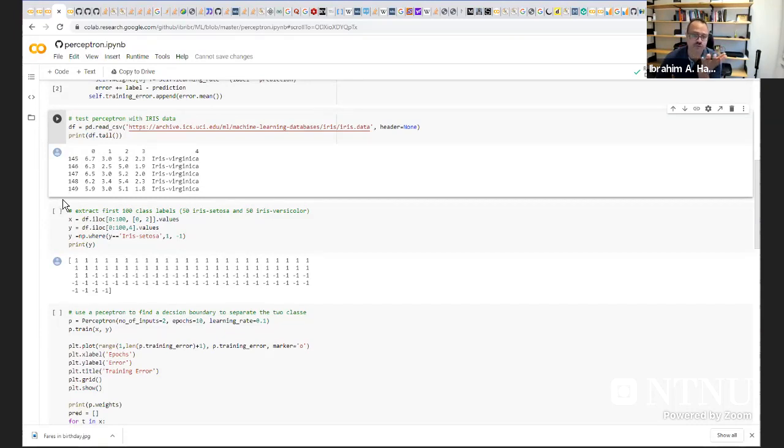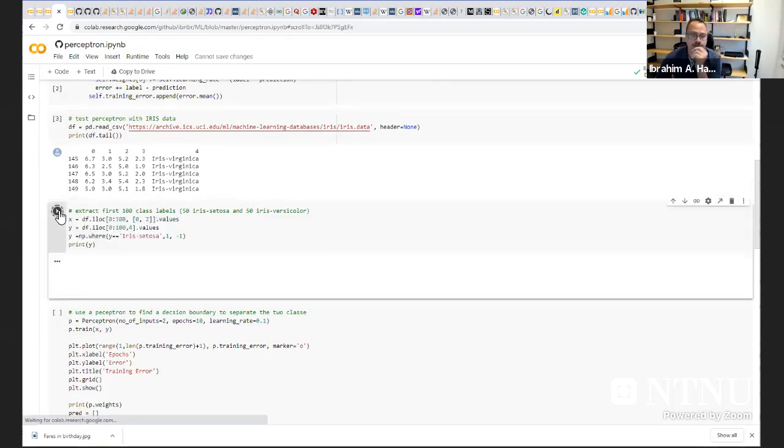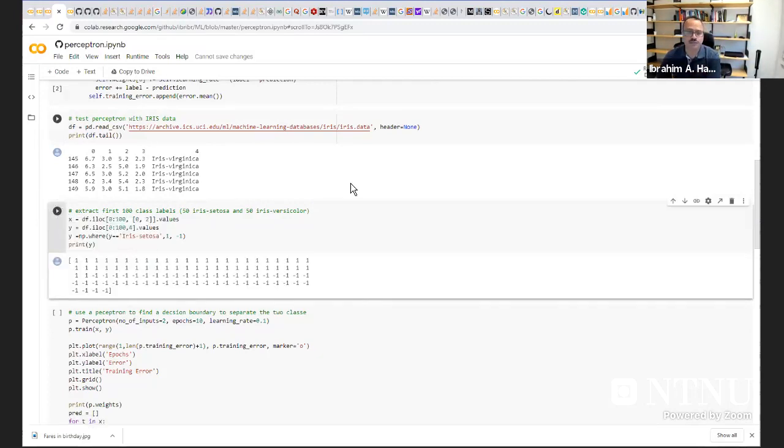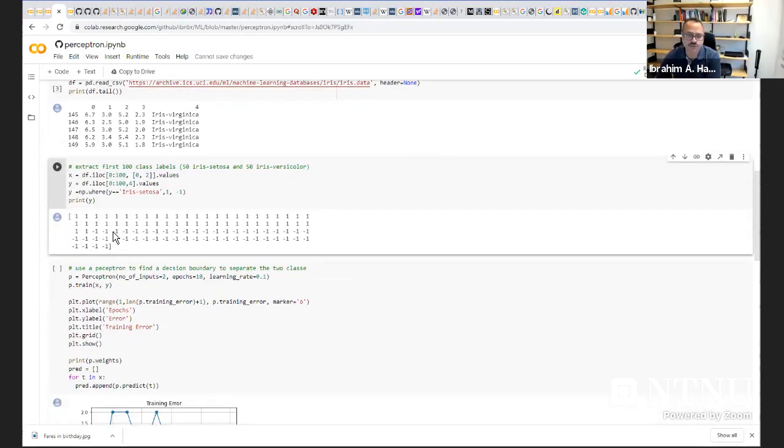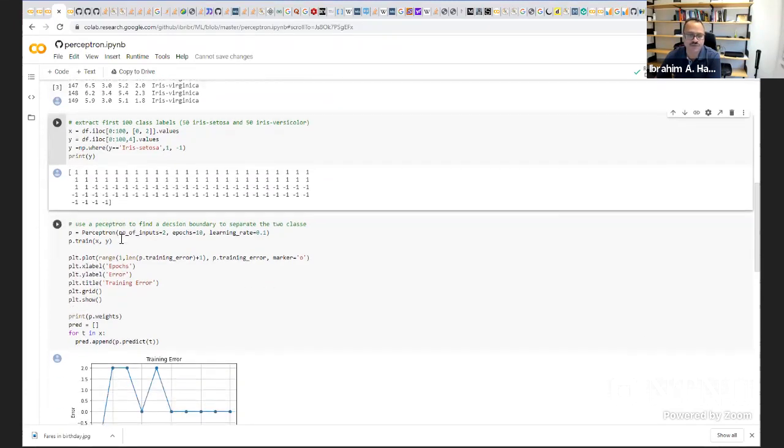But we will just do it as it is right now. So extract the first 100 class labels, and I just print y. Half of it is one class, plus 1, and the next half is -1, right? So now our data set is fine.